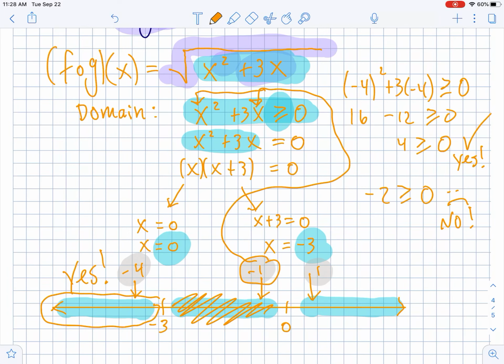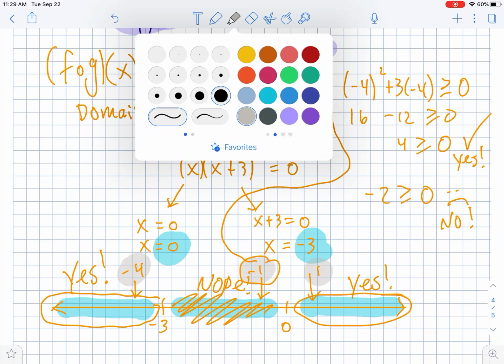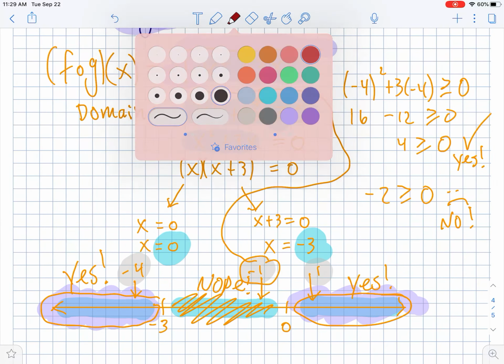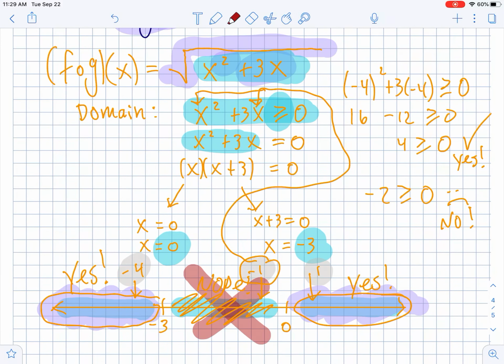This is not part of our answer. If you plug positive 1 in there, I'm pretty positive that this does work. So our final answer for the domain of this awful long problem is that this is part of the domain and this is part of the domain, but the area in between is not part of the domain.